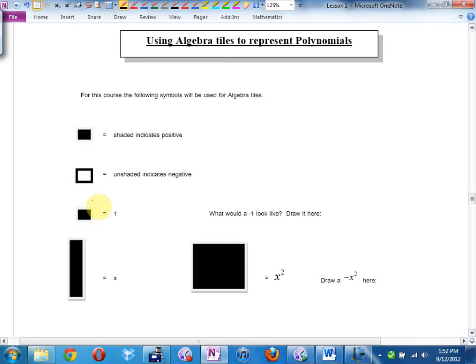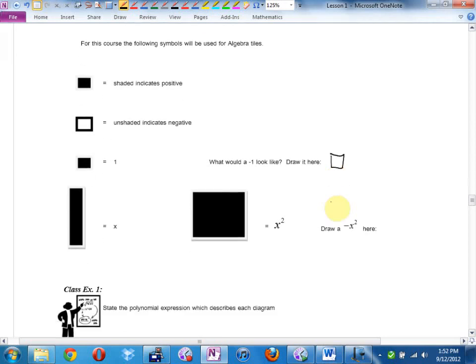What would a negative 1 look like? Same size, but not shaded in. And try and draw your square better than me. Here's an x square right here. This bad boy.